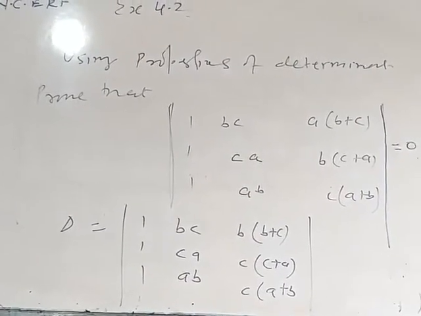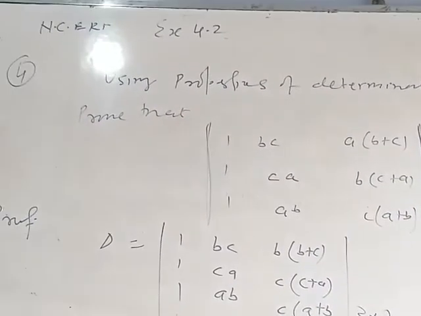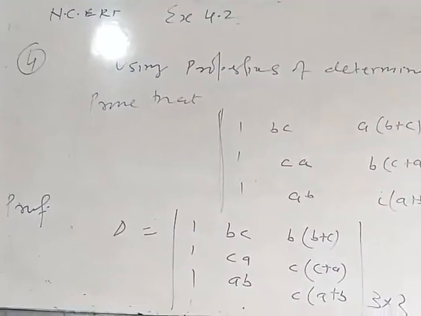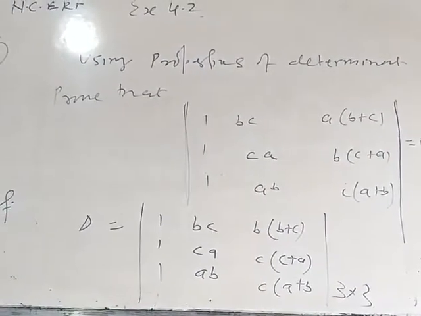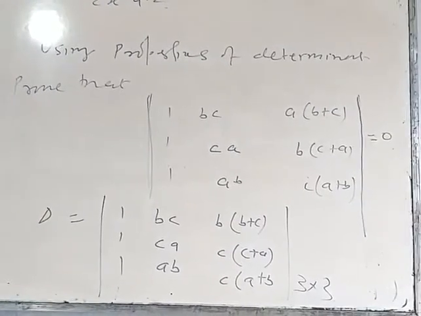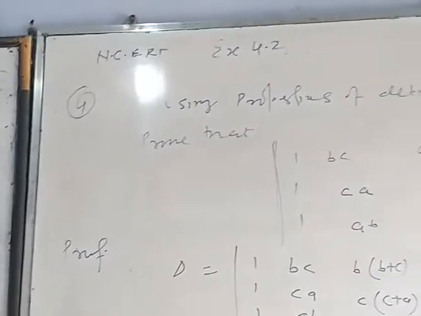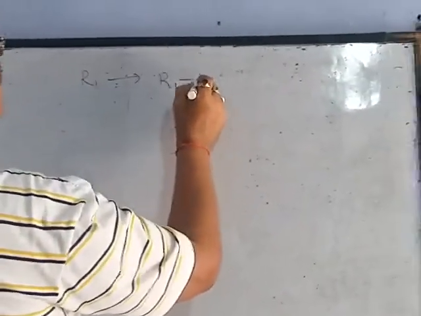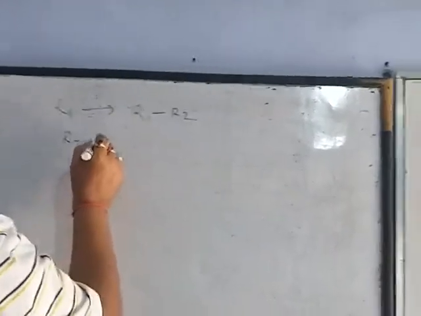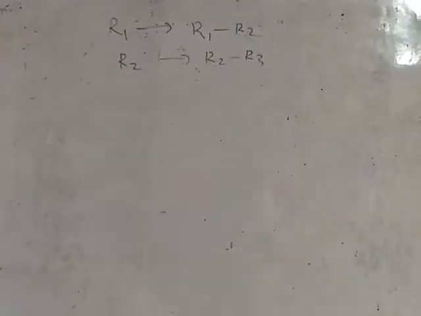Keep in mind, if it is an order 3 determinant, at a time we can do 2 operations. If it is of order 4, then at a time we can apply 3 operations. So R1 changes into R1 minus R2, R2 changes into R2 minus R3.